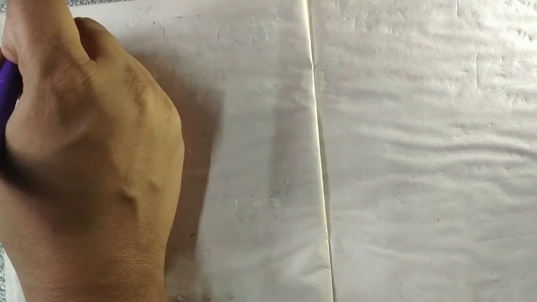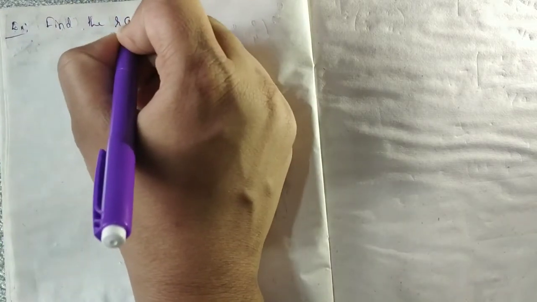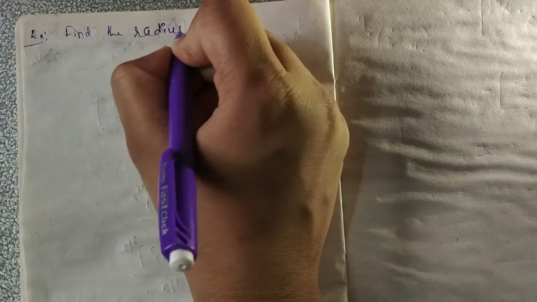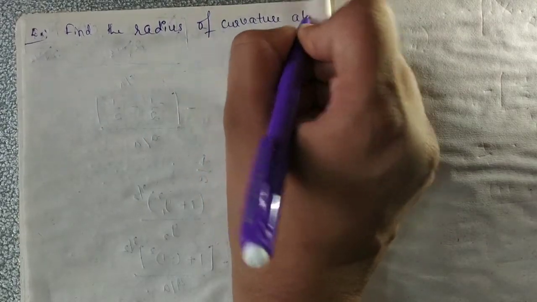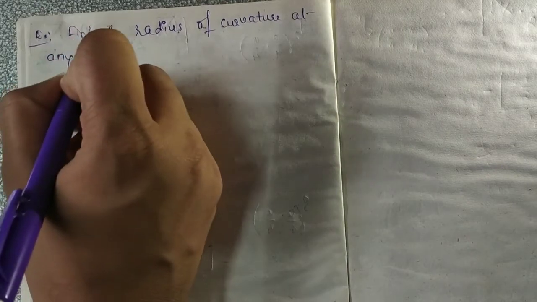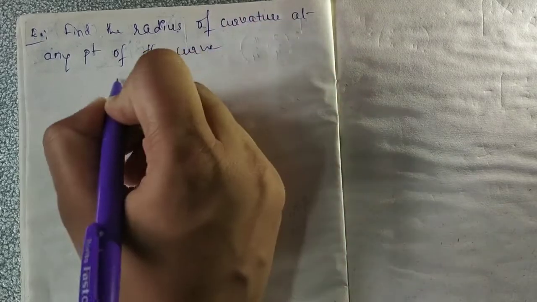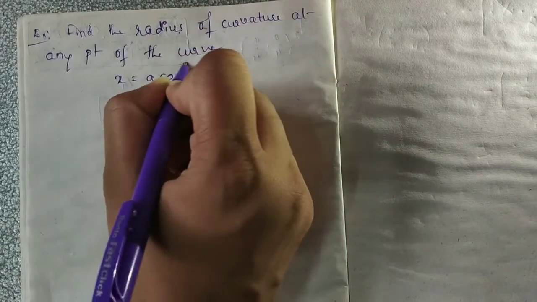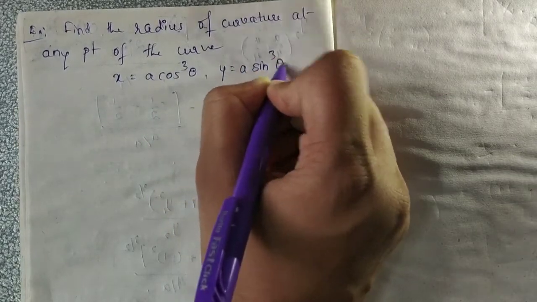Second example. Find the radius of curvature at any point of the curve x equal to a cos cube theta, y equal to a sin cube theta.